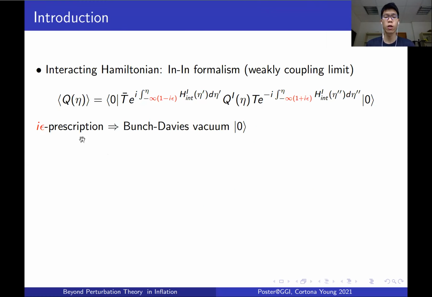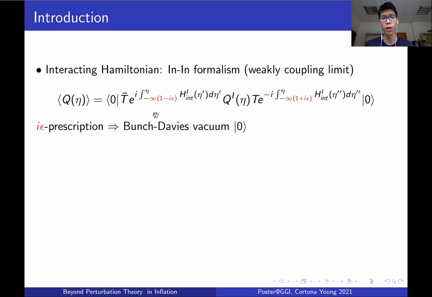Usually when you do the calculation in perturbation theory in inflation, one uses the so-called in-in formalism to compute the correlation function of some operator Q. You use this master formula, where there is the time evolution operator from the early times to some later time eta.